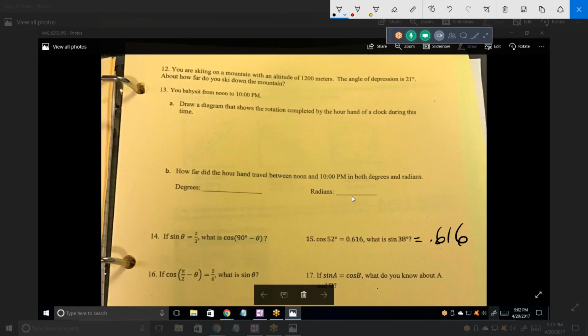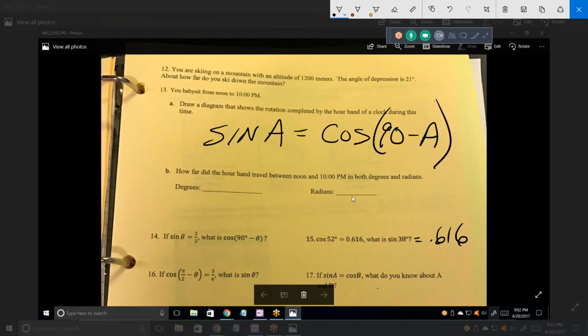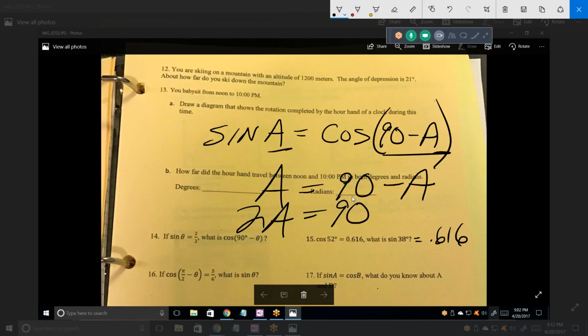Okay, 17. If the sine of an angle equals the cosine of an angle, what do you know about A and B? That they're equal to each other, right? Yeah, because the sine of A would equal the cosine of 90 degrees minus A. So I got A equals 90 degrees minus A. Add A to both sides, you get 2A equals 90.